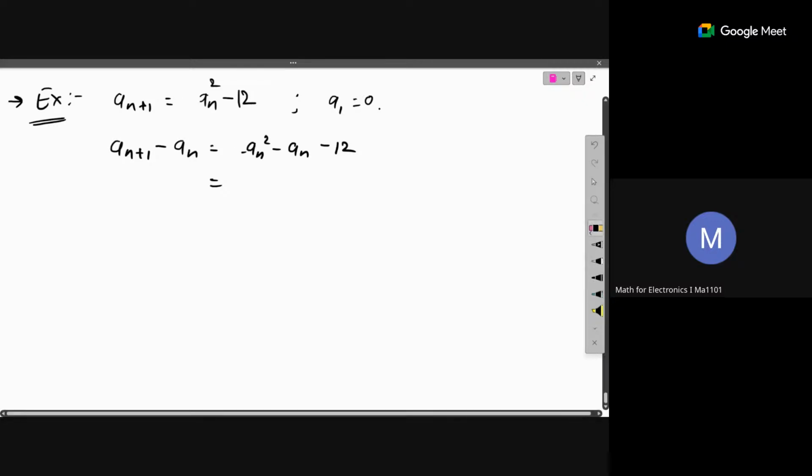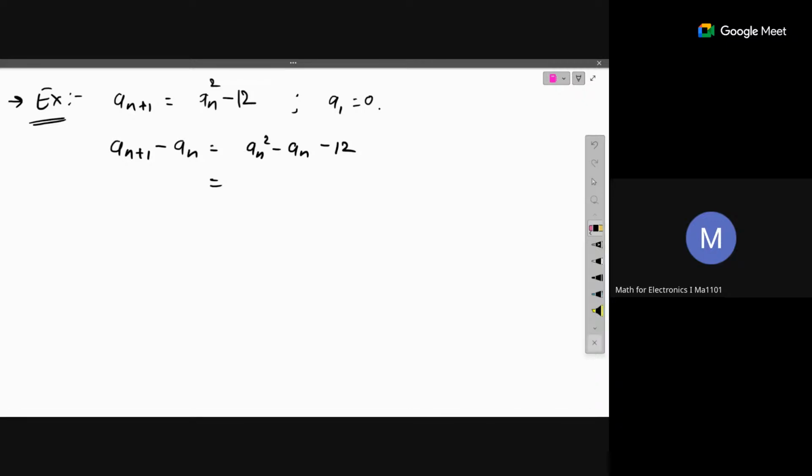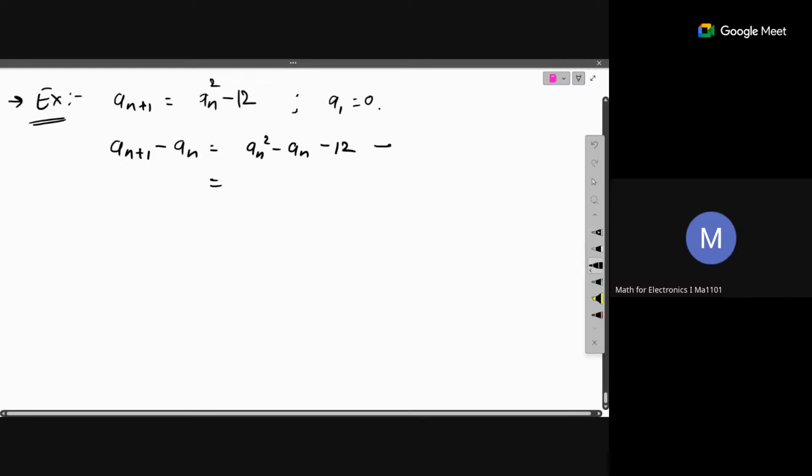Then the roots: we want the product to be minus 12 and the sum to be minus 1. Here minus 4 and 3 works, right? Minus 4 plus 3 is minus 1, and the product is minus 12. So here it will be an minus 4 times an plus 3, right?